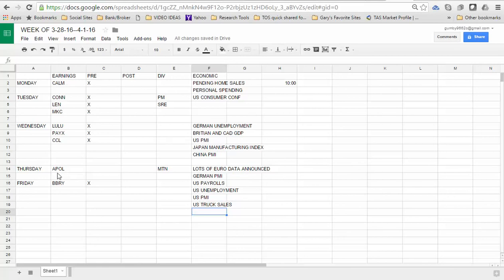And then Thursday, you got Apollo Group, MTN's giving a dividend, and then you got all kinds of Euro data hitting the wire Thursday from different countries. I didn't want to announce them all, but the main one, Germany PMI, is coming out Thursday, and then Friday to wrap the week off, you got BlackBerry pre-market with U.S. payrolls, U.S. unemployment, U.S. PMI, and U.S. truck sales.